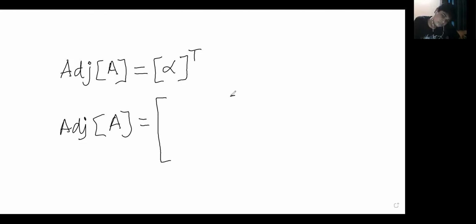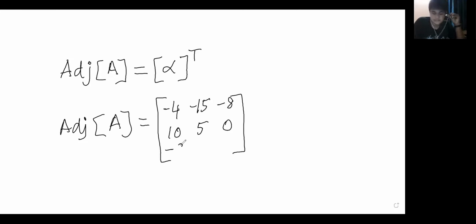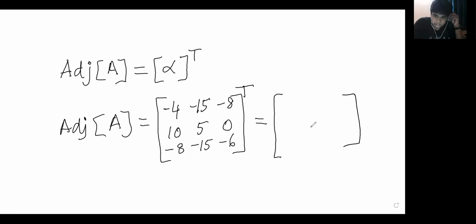you tell these numbers: -4, -15, -8, 10, 50, 10, 50, -8, -15, -6. Now we write a T here. What it means is, read the numbers in the first row and write them as the first column.